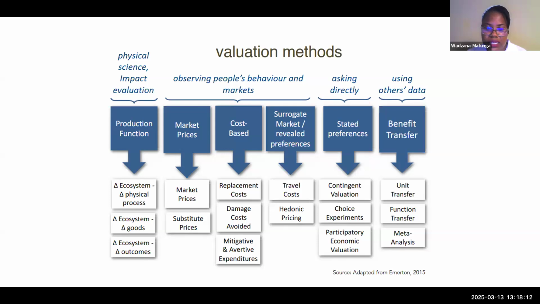For example, their physical characteristics have to be more or less similar. The ecological characteristics like vegetation types and species have to be more or less similar. So I've just touched on some of them. There are quite a number, but I hope this has helped you to understand the methods that we use for valuation. Next slide, please, Sam.